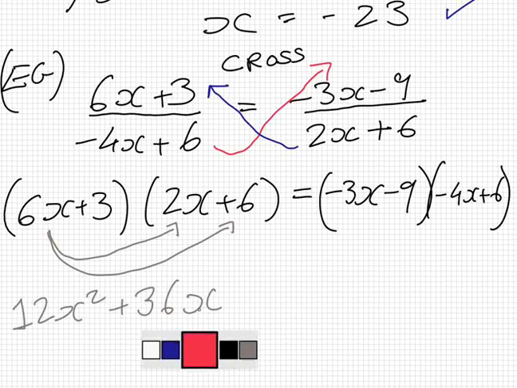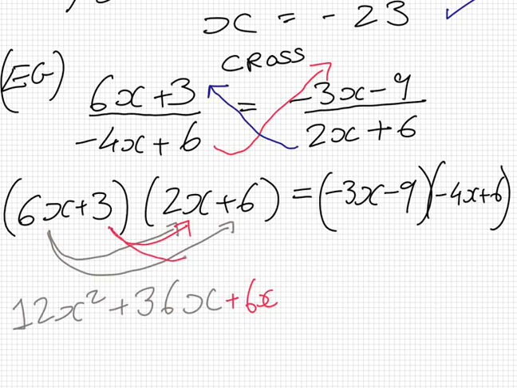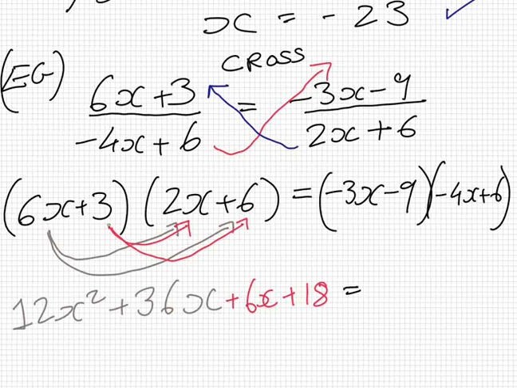Get a different color here. And then 3 multiplied 2x, that's 6x. And then 3 multiply 6, that's 18. So these two pieces here were from the 6x, open in the bracket, and then these two red pieces here were from the 3, open in the bracket.